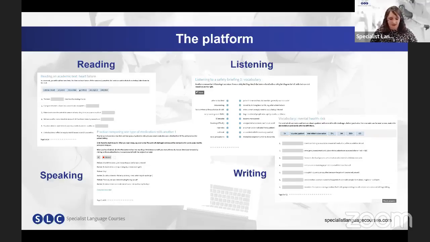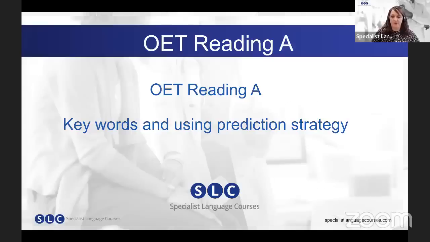All right, so our lesson for today, we are going to focus on reading A, and we are specifically going to look at keywords and using prediction strategy. So if you've already started preparing for your OET and you've had some practice with reading A, these might be familiar terms for you.